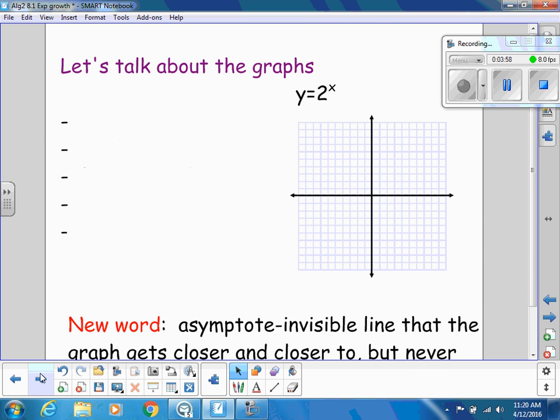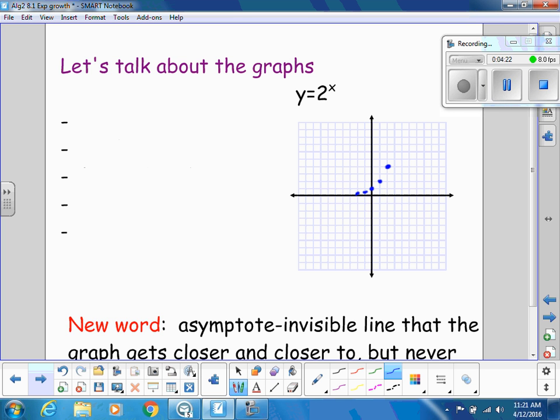So now let's talk about the graph. If I were to graph those points, at negative 2 I was at 1/4, so really tiny. And then at negative 1, I was at 1/2, so still tiny, but a little bit bigger. At 0, I was at 1. At 1, I was at positive 2. And then at 2, I was at 4.